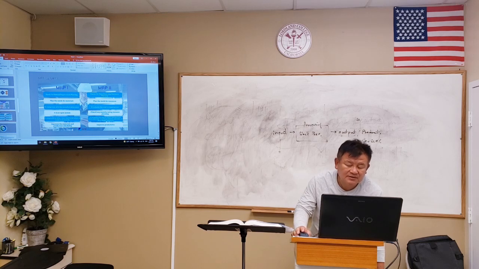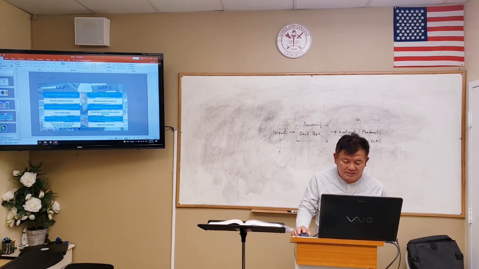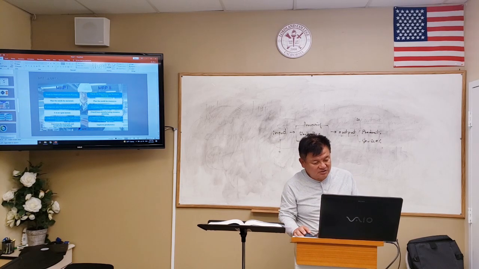And what is the difference between MRP1 and MRP2? MRP1 stands for material requirement planning, but MRP2 stands for manufacturing resources planning. Different, even if the acronym is the same. MRP1 plans the need for materials, but MRP2 plans the need for resources, not materials, resources.